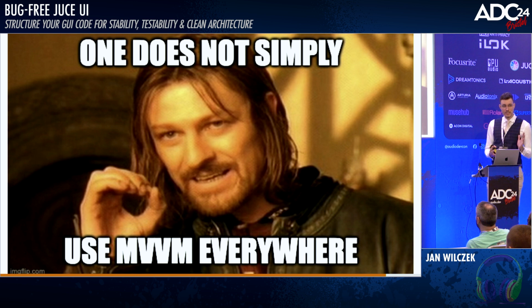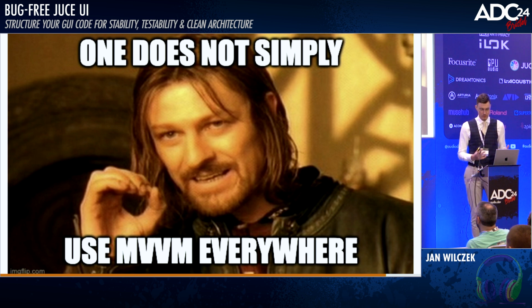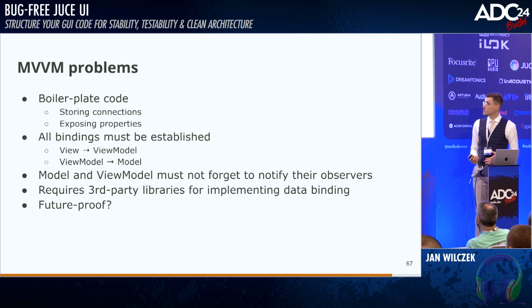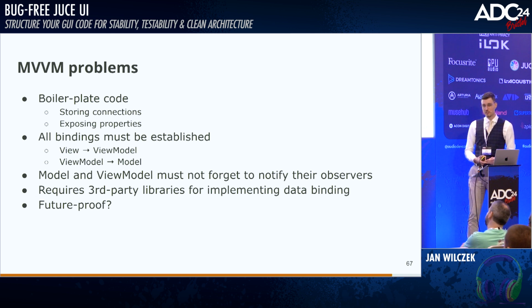So there's always a caveat, right? When we use some tool, it's not for free. So the thing here, you may consider some of the code that I just showed a little bit boilerplate, right? We need to store connections, we need to expose properties, and all the bindings must be established. Another caveat is that model and view model must never forget to notify their observers, right?